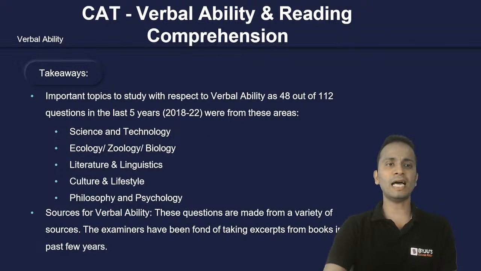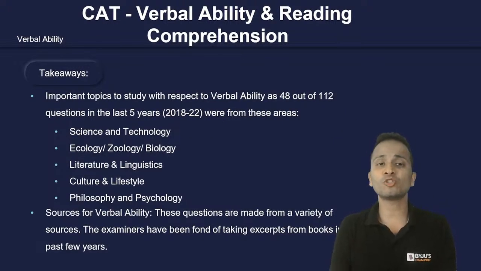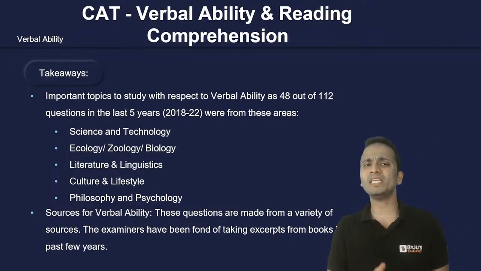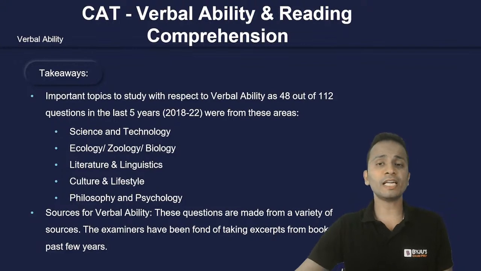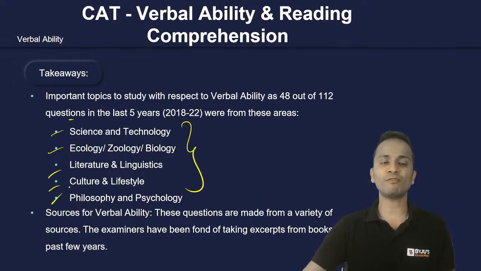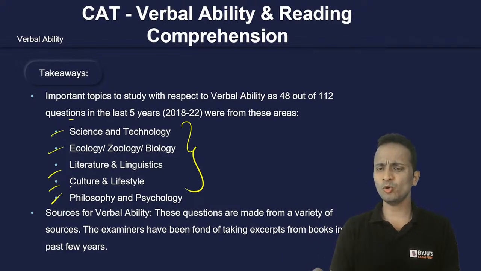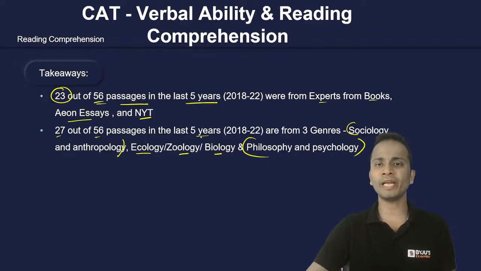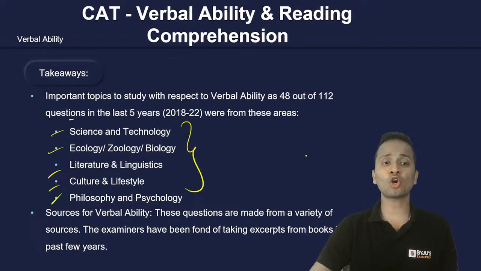Now, moving ahead, if I talk about some of the important topics to study with respect to verbal ability, not the reading comprehension part, but the other 8 questions, 48 out of 112 questions in the last 5 years were from these areas. So, these are the 5 areas that you'll have to look for. Did you notice something common? If I go back and talk about reading comprehension, sociology, anthropology, these areas are common here.